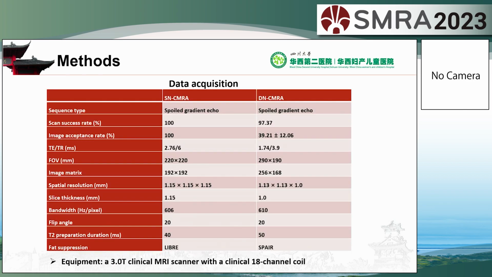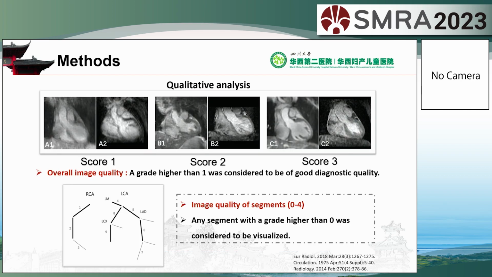These are image parameters of the 2 sequences. Image acquisition was completed on a 3T clinical MRI scanner. We analyzed the qualitative and quantitative parameters of images acquired through the 2 sequences to compare the image quality. The overall image quality was graded using a 3-point scale. A score higher than 1 was considered good diagnostic quality.